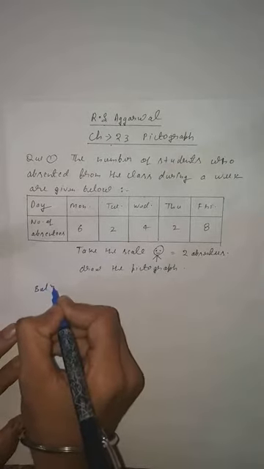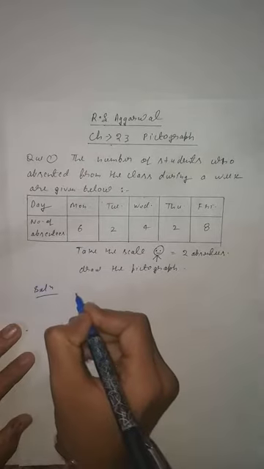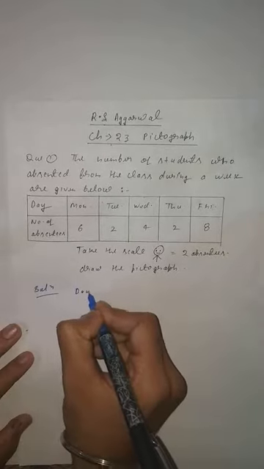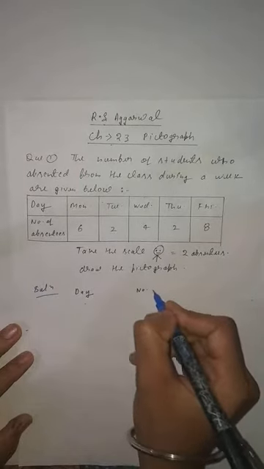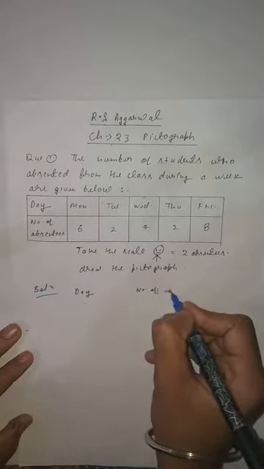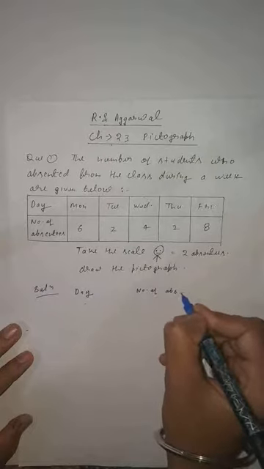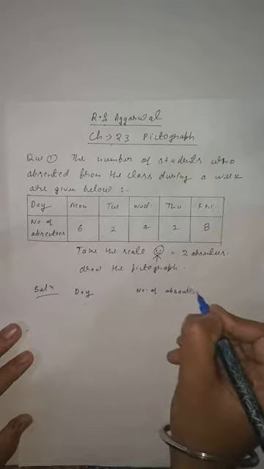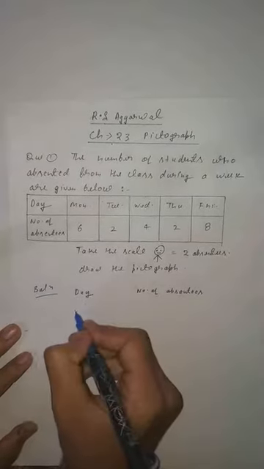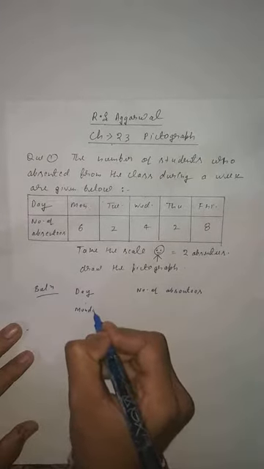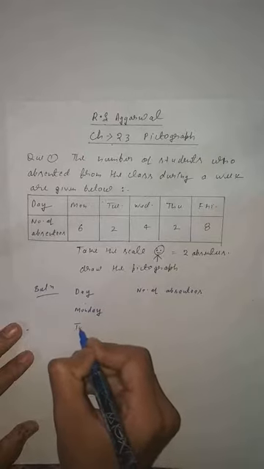You will write down solution, and next here you will write down day. Clear, students? Here you will write down number of absentees. Clear, students? Write very carefully and neatly. Now next is day. First write down Monday. Monday is given. Next is Tuesday.